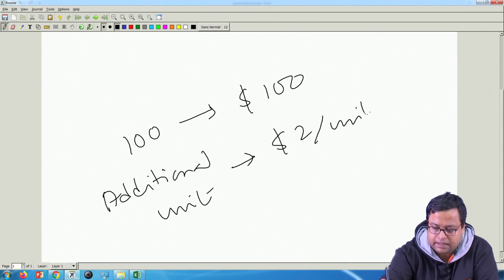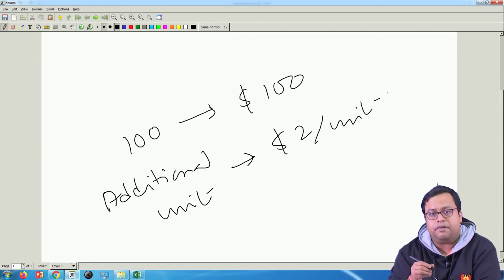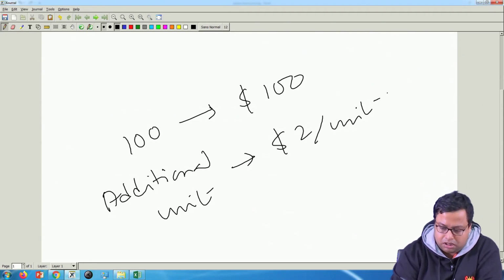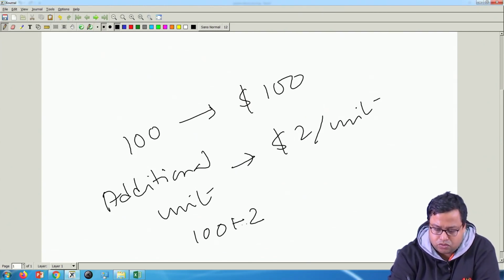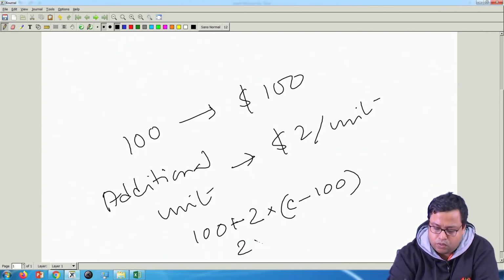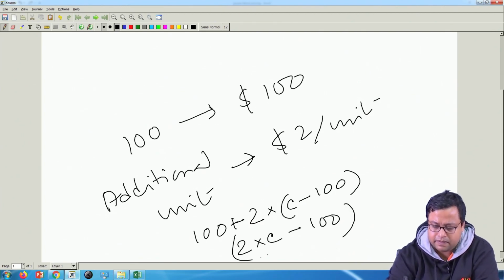So, if that is the case, then what is the pricing pattern? It is 100 plus 2 into (consumption minus 100). So, basically 2 into consumption minus 100, fair enough.